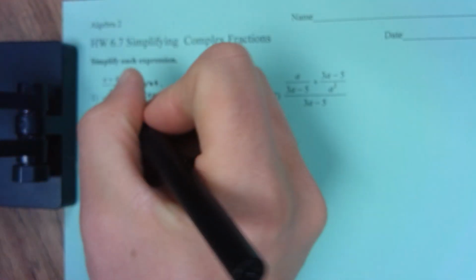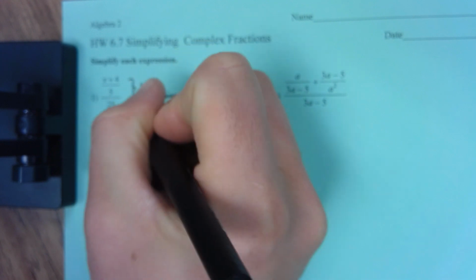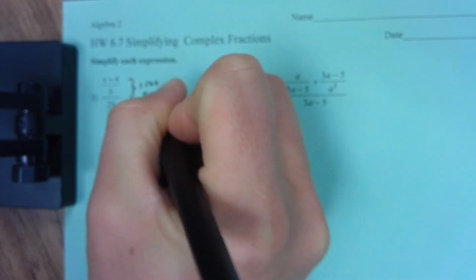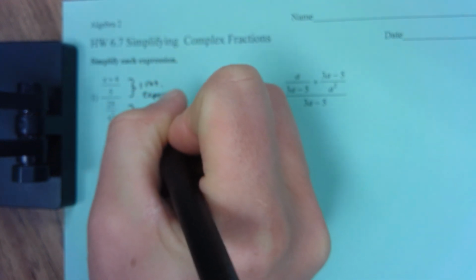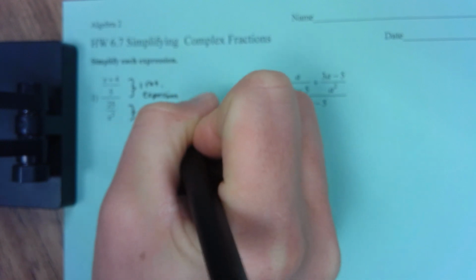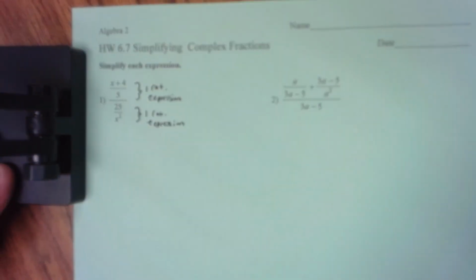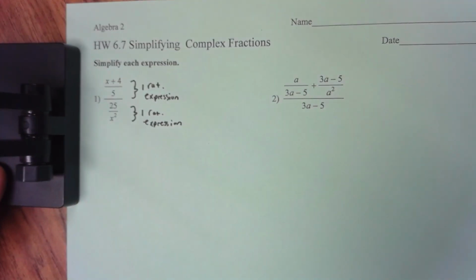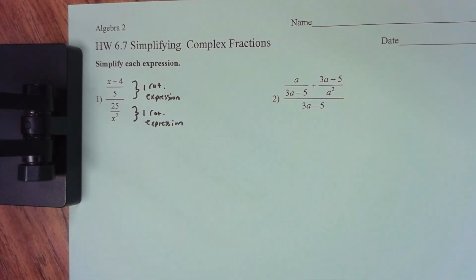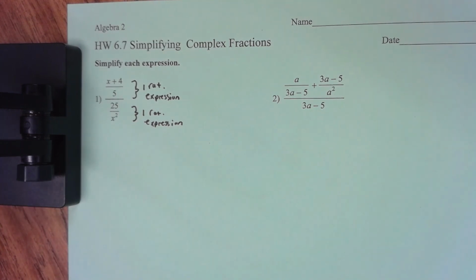And then we also want the same thing in our denominators. So we're always working to get our complex fraction to where it's one rational expression divided by another, because if that's the case, this is just a division problem.